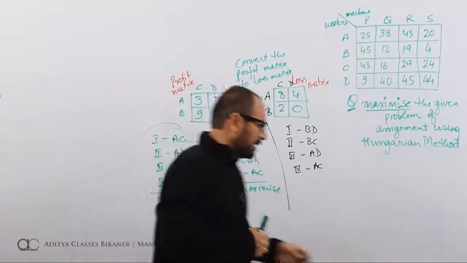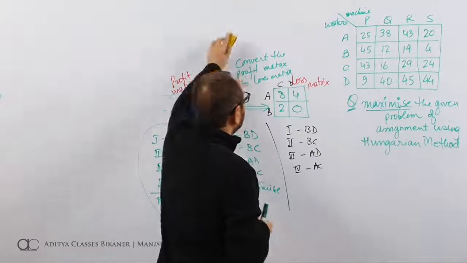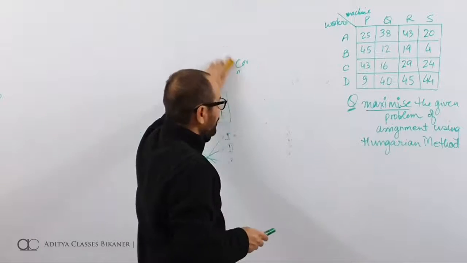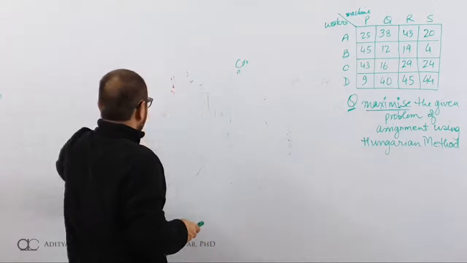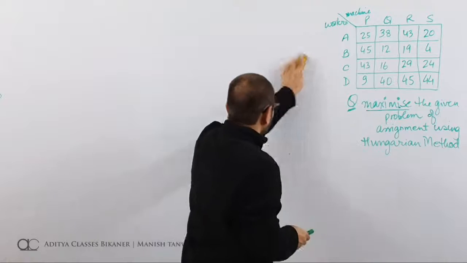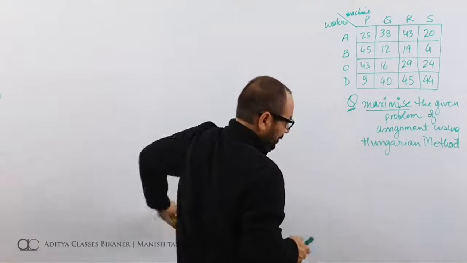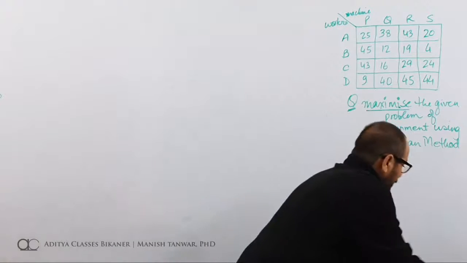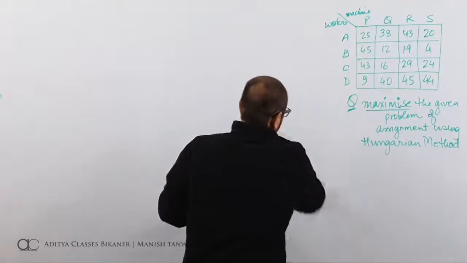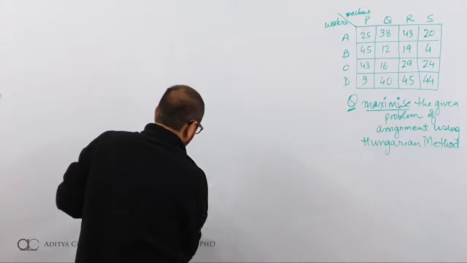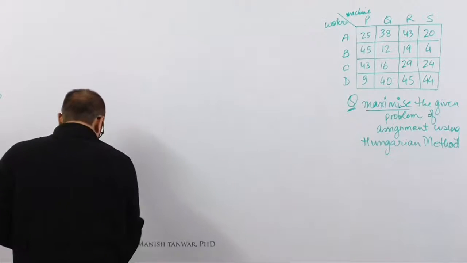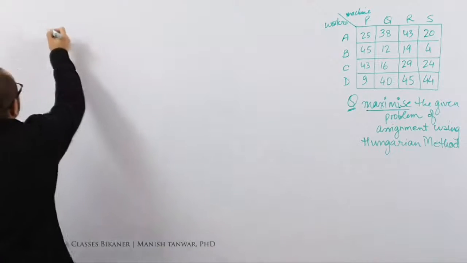So let us go ahead and remove this, and we'll try to solve this assignment problem using the Hungarian method, and we'll try to maximize it. So what would be my first step?